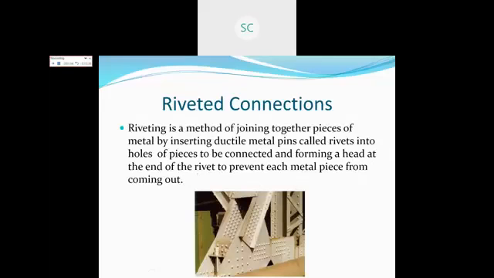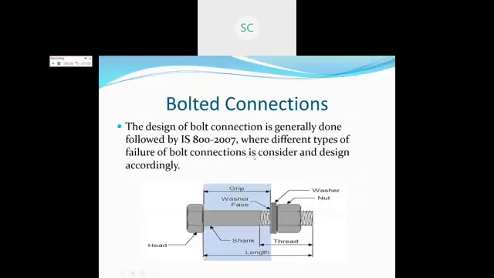By the working stress method, in old structures, we used riveted connections for the design of steel structures. I already told you this method is obsolete now. At present, as per IS 800:2007, we are using the bolted connection.